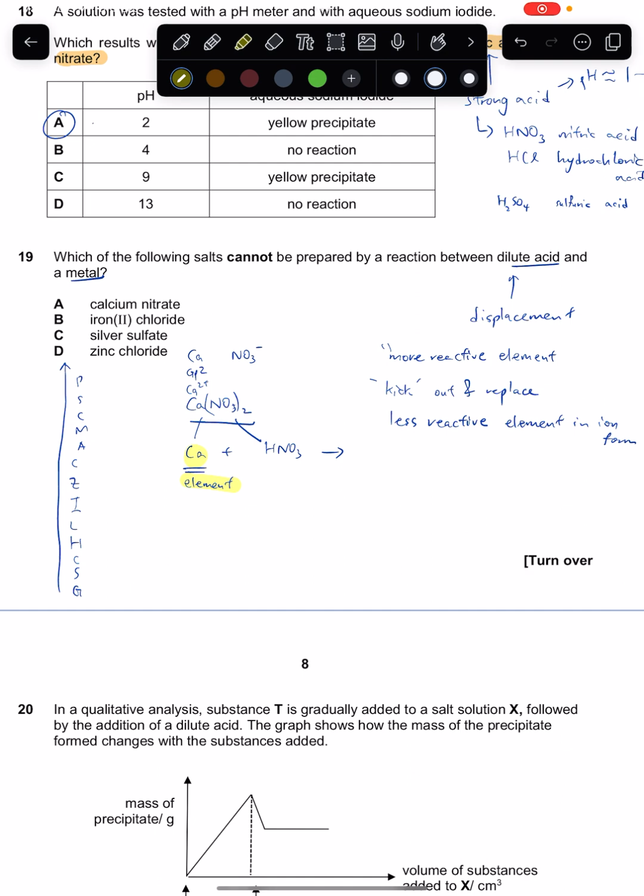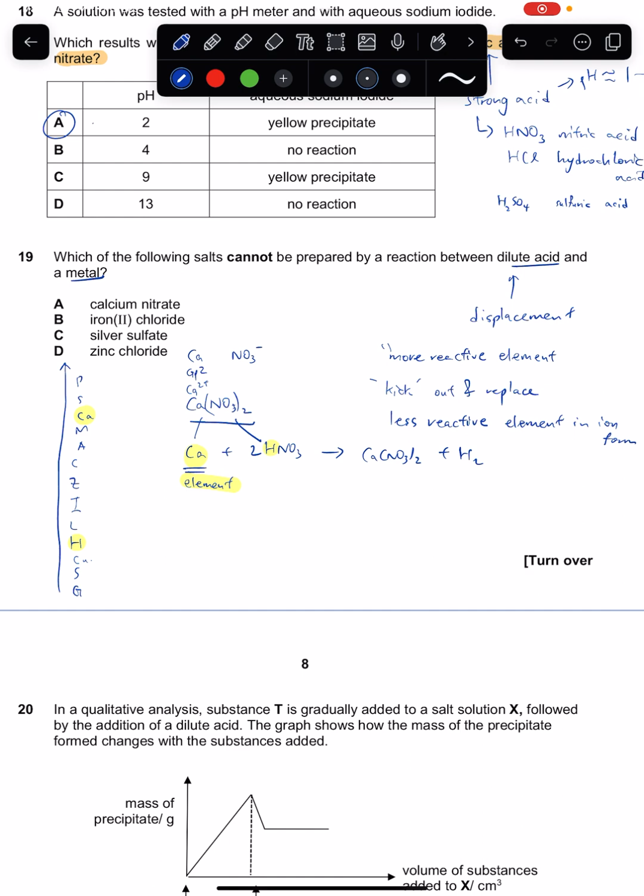Calcium, this here. Hydrogen is here. It is higher up, right? So it can kick it out. So it can happen. Calcium nitrate plus the H2 that's kicked out per se.